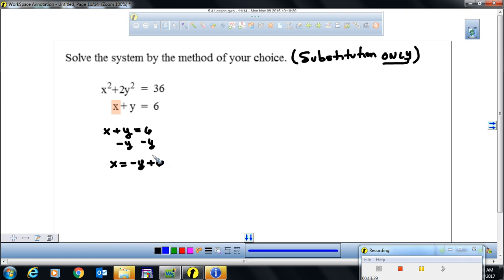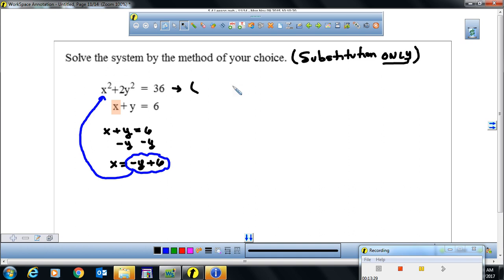Then what do we do? Since x is equal to negative y plus 6, we are going to substitute that expression into the x right here of that equation. So the top equation is going to be x squared plus 2y squared equals 36, but the x is negative y plus 6.